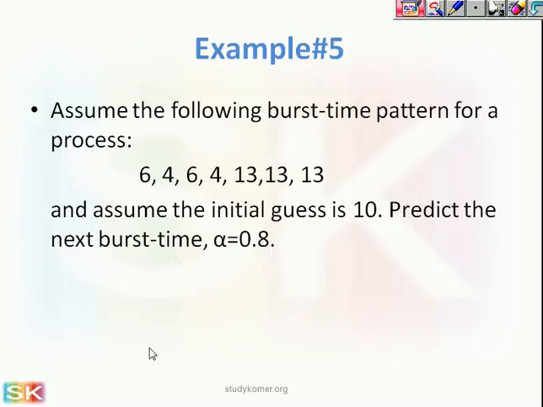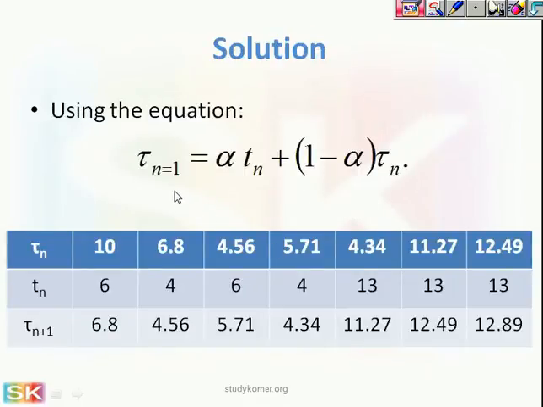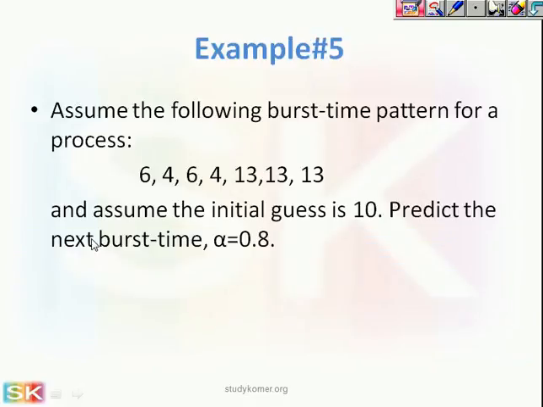Suppose we have a pattern of burst time as 6, 4, 6, 4, 13, 13, 13 and assume the initial guess is 10. Predict the next burst time, alpha equal to 0.8, right? So we have tau n plus 1 is equal to alpha Tn plus 1 minus alpha tau n, where alpha is 0.8, that is given, and Tn given was 6 initially and tau n given was 10 initially.